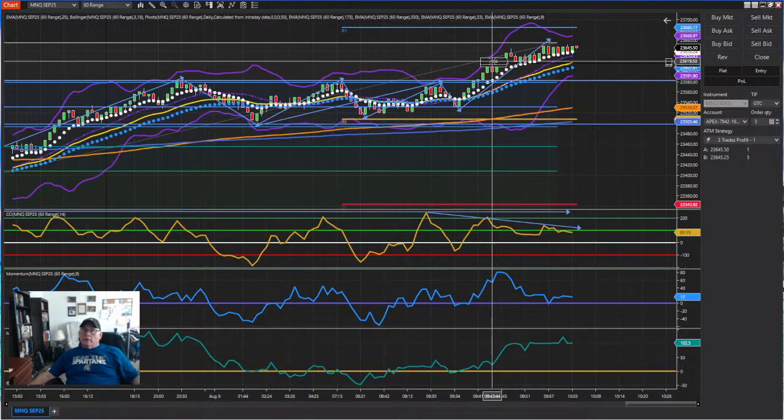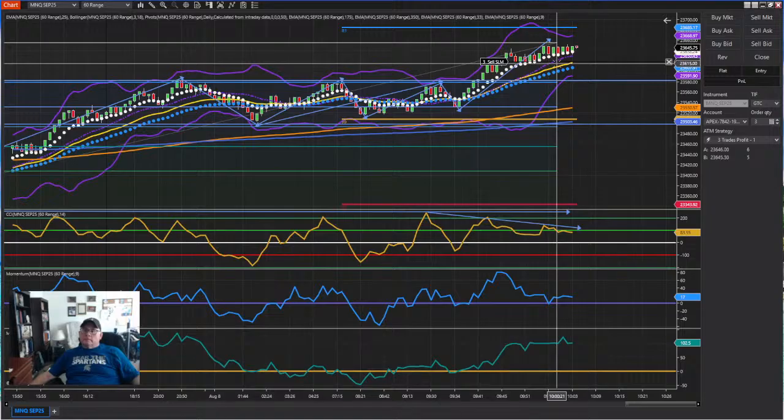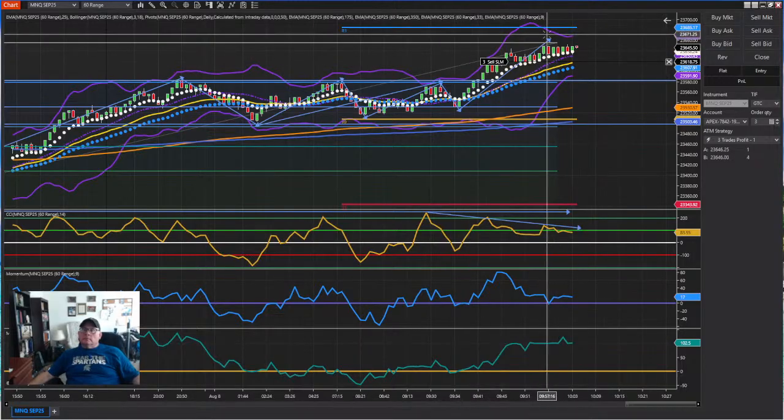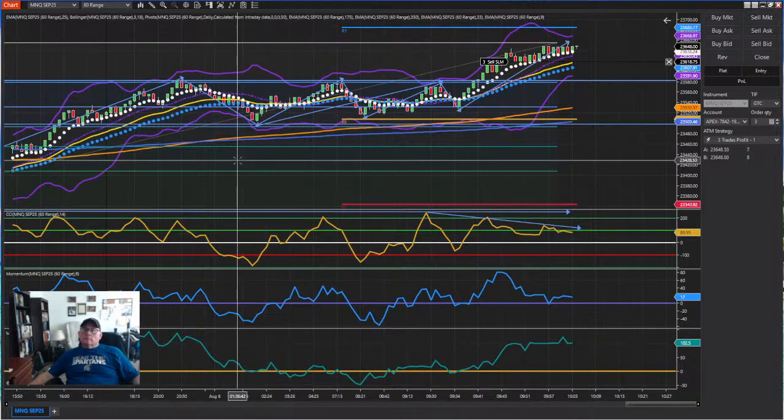Two downrange bars probably brings it into here somewhere. So what am I looking for?